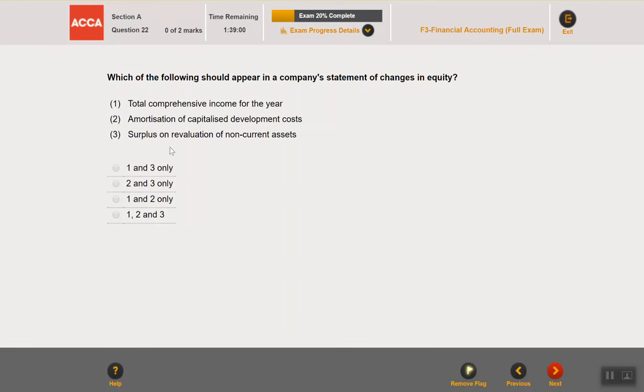The profit and loss goes to retained earnings. So it doesn't feature directly in statement of changes in equity. So 2 is wrong. So if 2 is wrong, that means B, C, and D is wrong. That makes option A automatically correct. Surplus on revaluation of non-current assets, yes. We have a separate account for revaluation in equity.